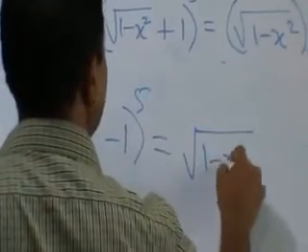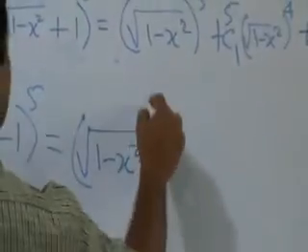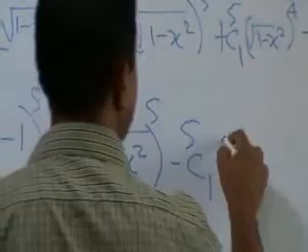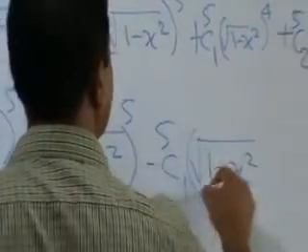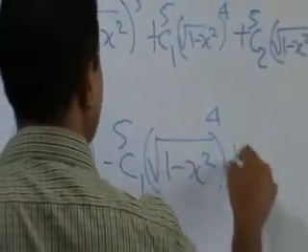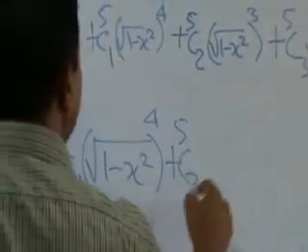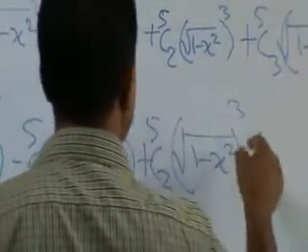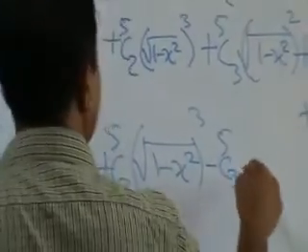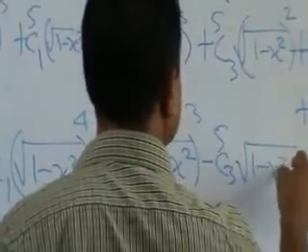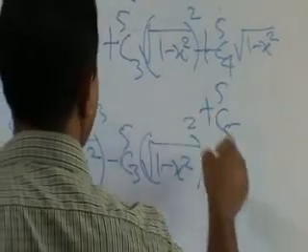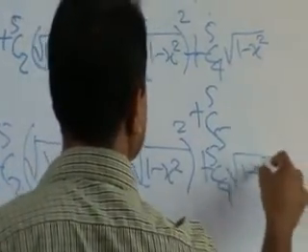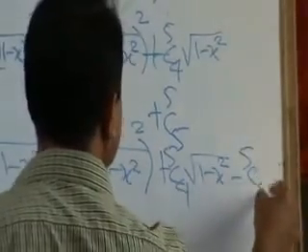Root 1 minus x square whole to the power 5 minus 5C1 root 1 minus x square to the power 4. This will be same again. 5C2 root 1 minus x square whole cube minus 5C3 root 1 minus x square plus 5C4 root 1 minus x square minus 5C5.